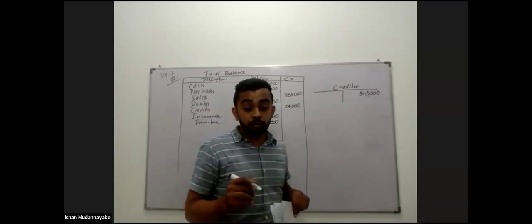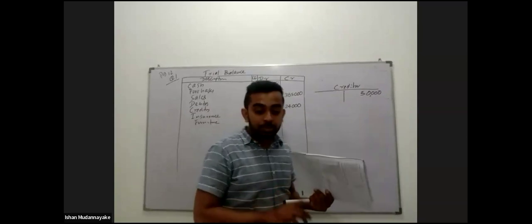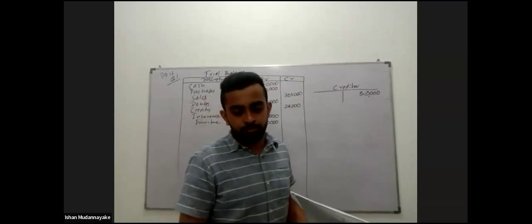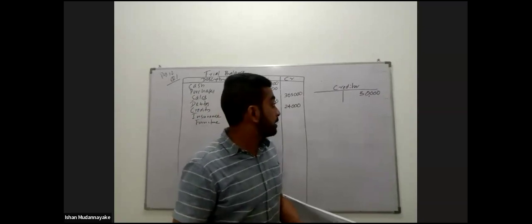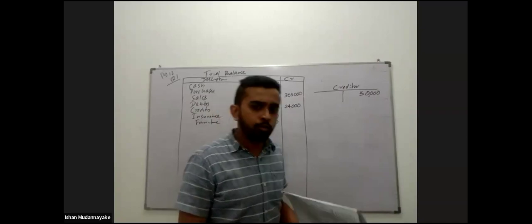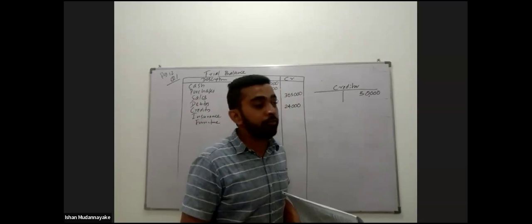Then the creditor informs you that if you settle this amount within 1 month, they will give you a 10% discount. Then how do we record it? You pay this amount within 1 month.